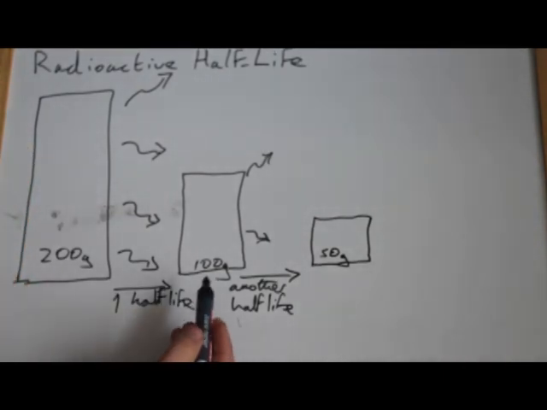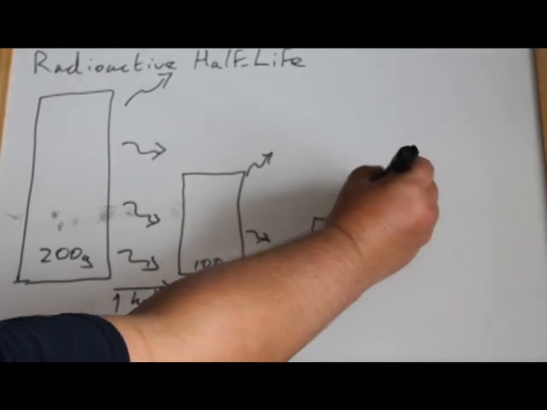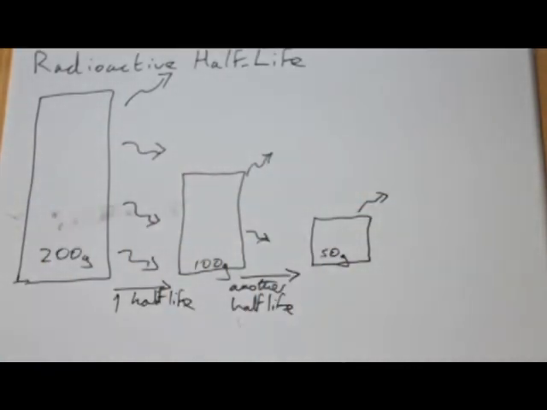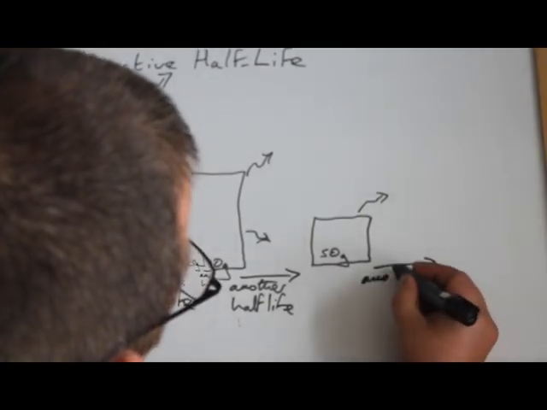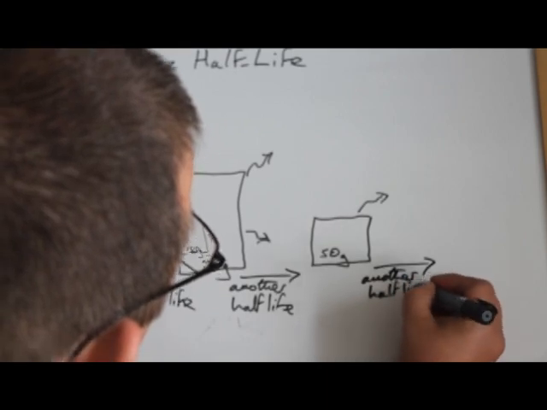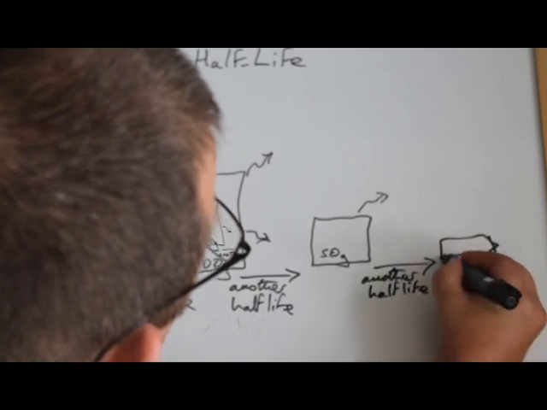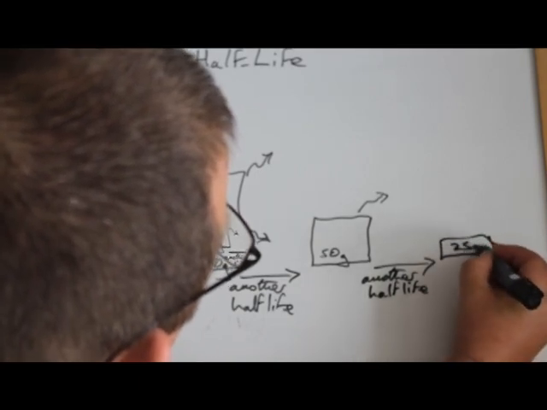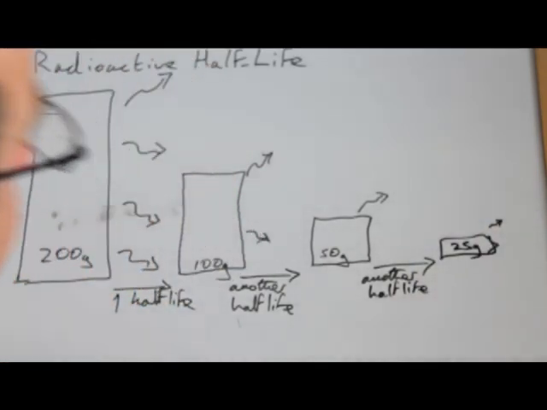Because there was only half as many atoms there, half of them decayed in half-life, and therefore the amount of radiation will also have halved. We do it again, I'm sure you can guess. We're left with half of what we had, 25 grams, and a tiny amount of radiation being given off.